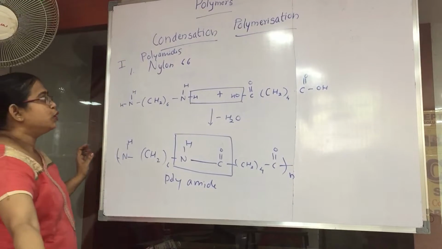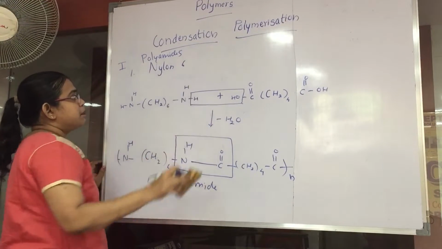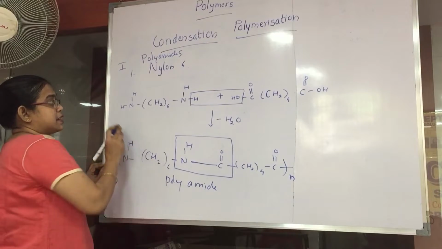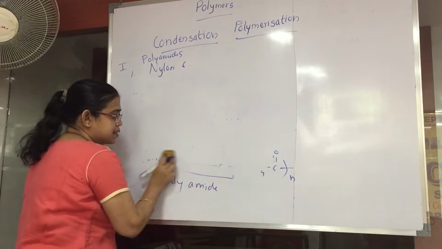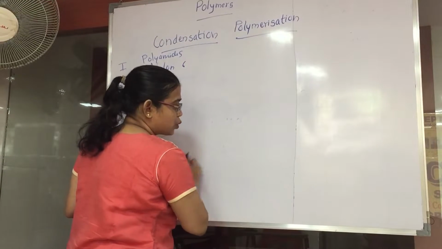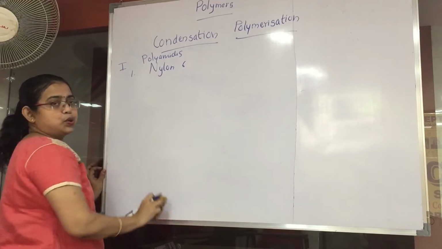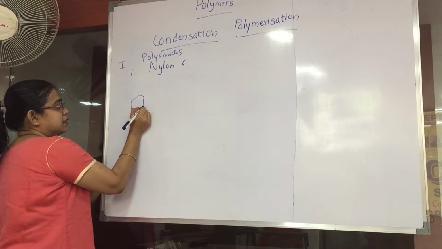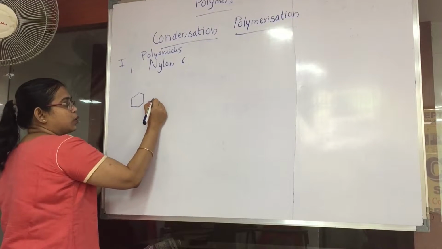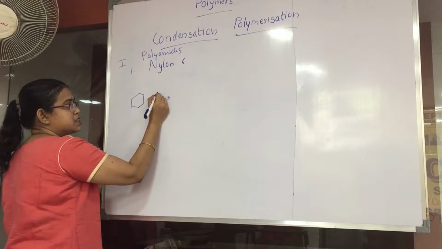Now we will move on to the next and very interesting example of polyamide, that is nylon 6. In nylon 6, the monomer is caprolactam. But instead of directly starting with caprolactam and showing the polymerization, I will rather show you the formation of caprolactam. So let me start with the compound, which is cyclohexane. Let us do its oxidation.